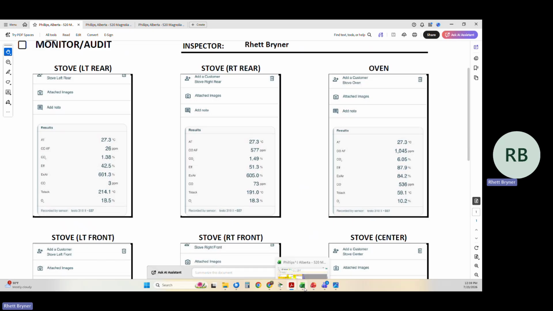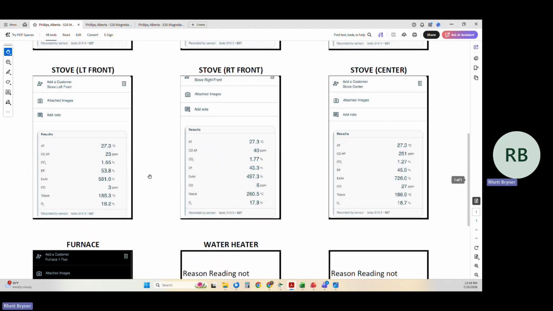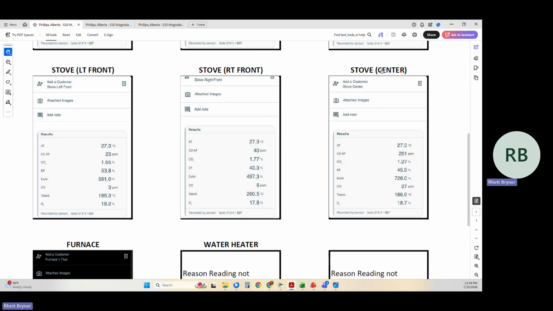So we'll go back to our report. 3, 73. Back left front was 3 and 6. 3, 6. And then we did have a center burner, so that's 27.